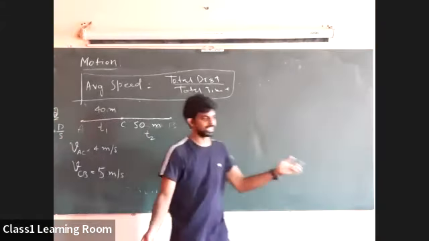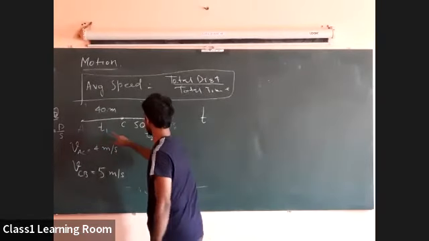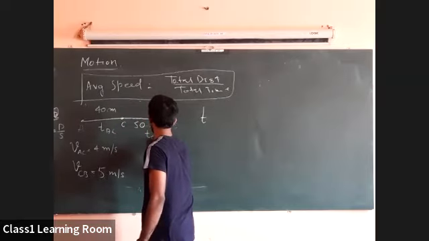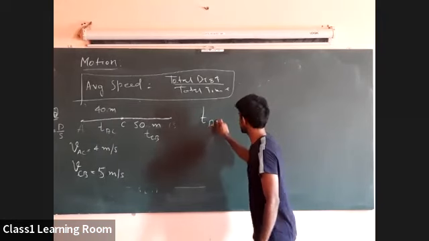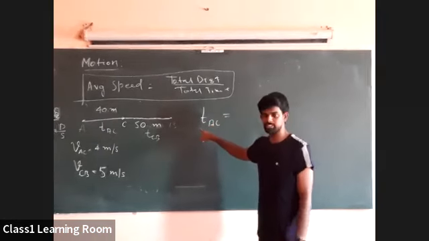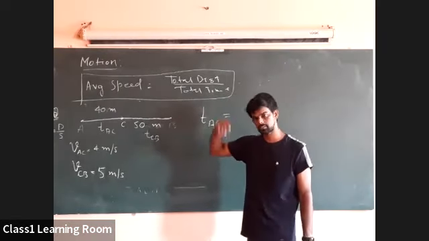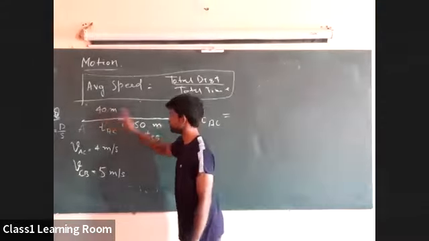In the exam, let's first calculate the times. Let's write T1 as TAC, T2 as TCB. Fine. So TAC, what is the time? How much is the distance between A and C? 40 meter, right?